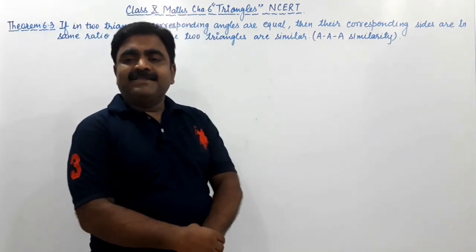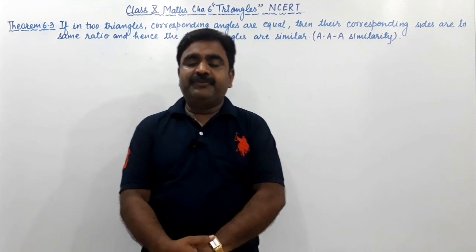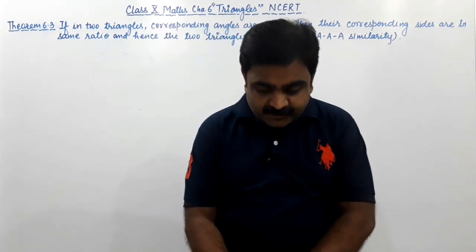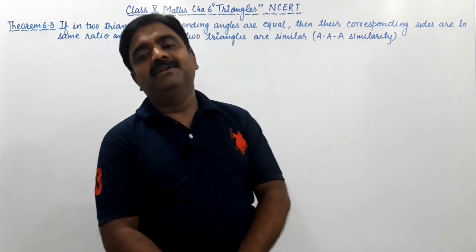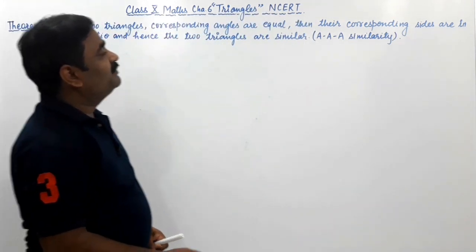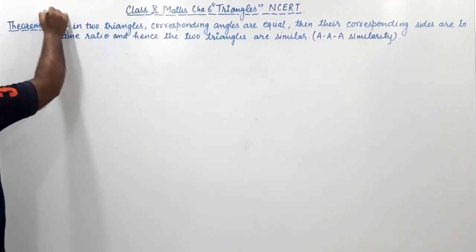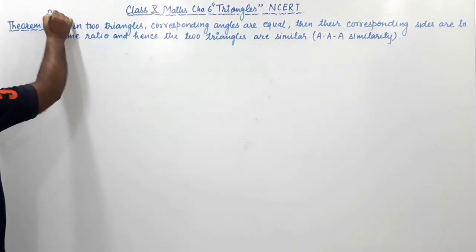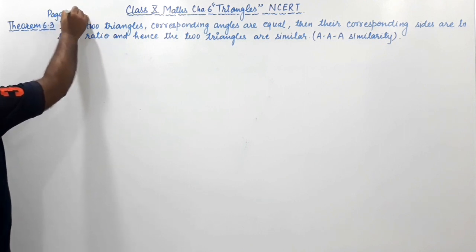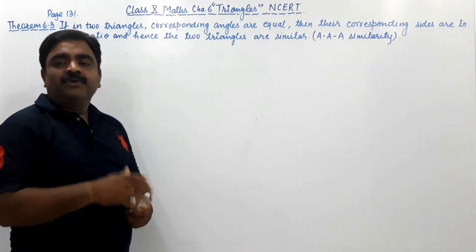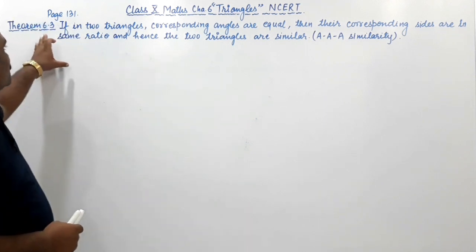Okay friends, let's see theorem number 6.3, which is given in your textbook on page number 131. Where is it given? Page number 131, right? It is given on page 131 of your NCERT textbook. Just see what is given in this 6.3.